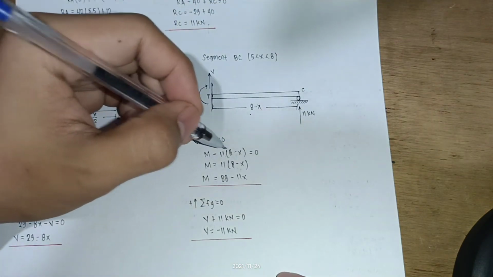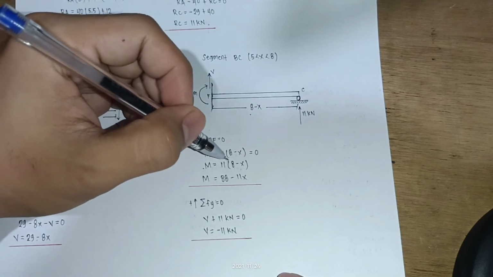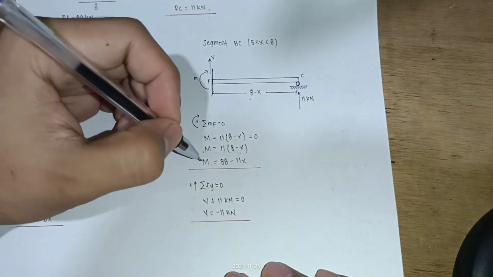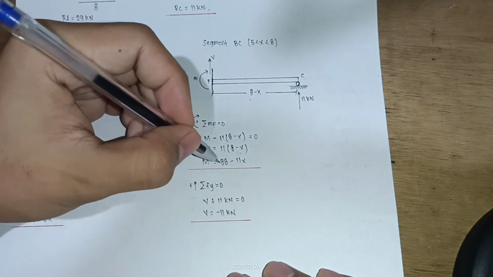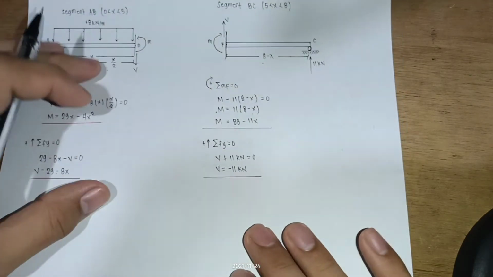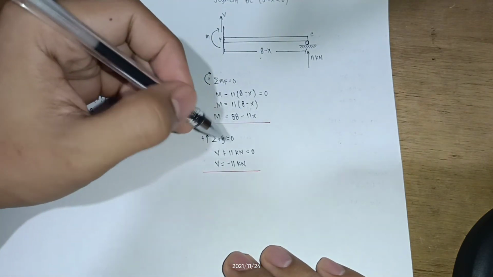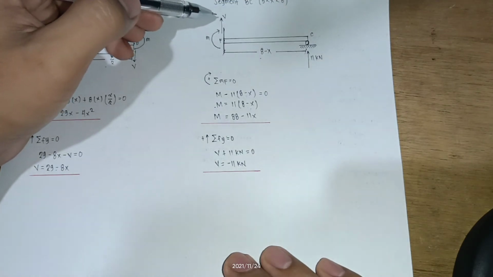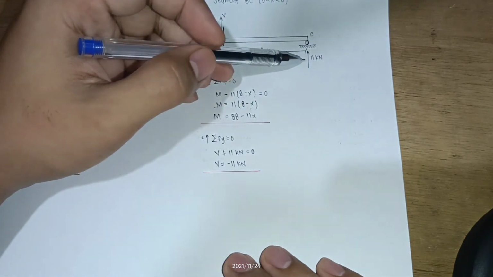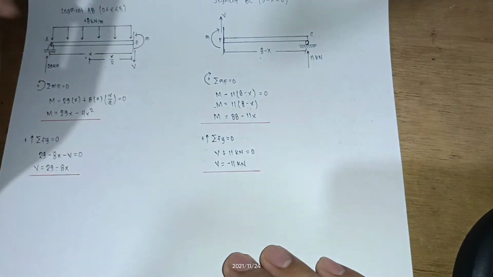Then transposing to the other side, M is equal to 11 times 8 minus x. Therefore, the bending moment is equal to 88 minus 11x. Summation of forces in y is equal to 0, taking up positive, V up positive. V plus 11 kilonewtons is equal to 0. Then V is equal to negative 11 kilonewtons.